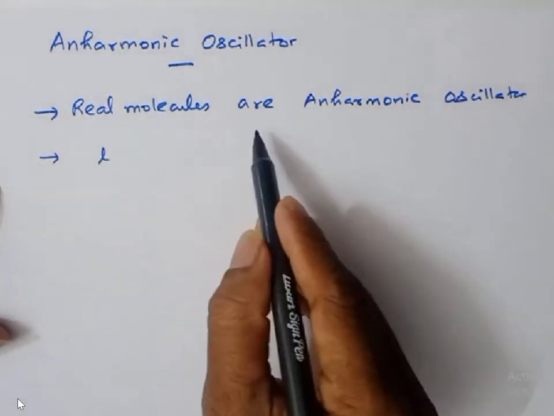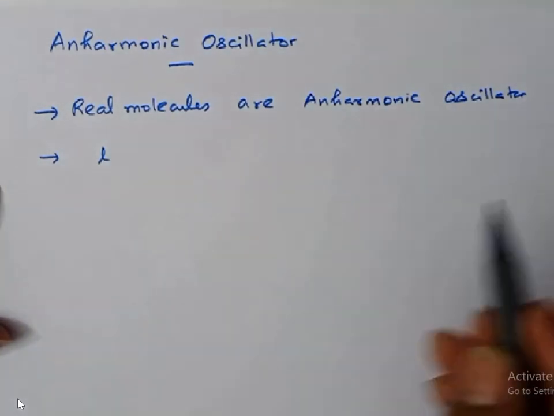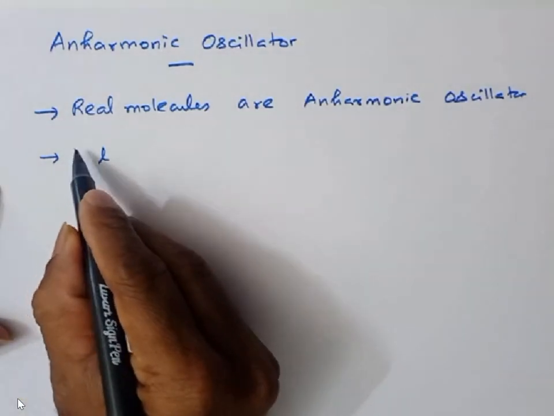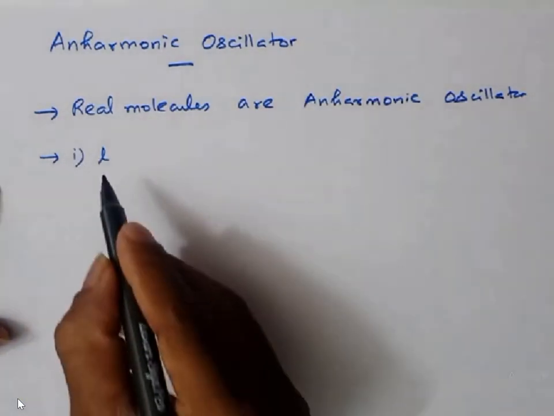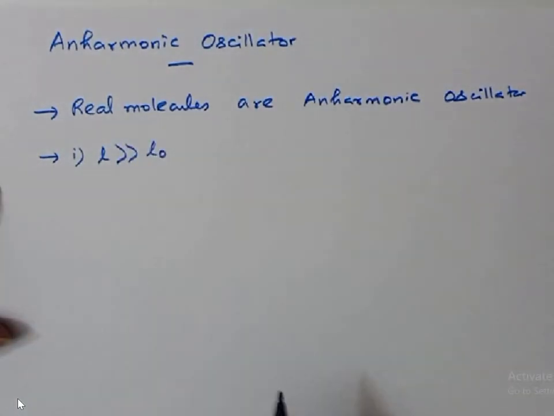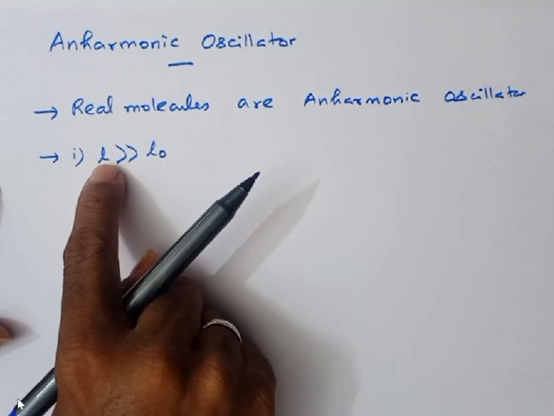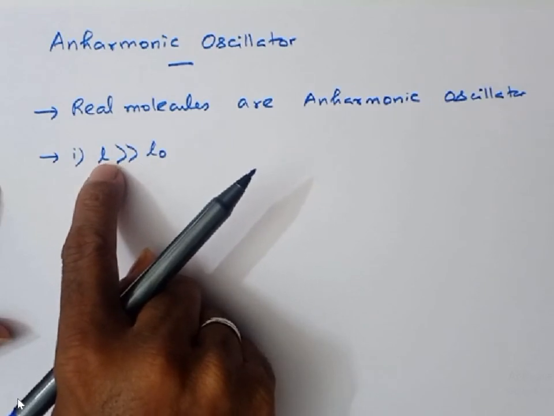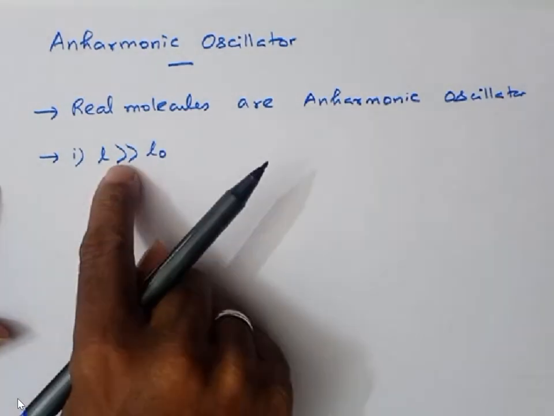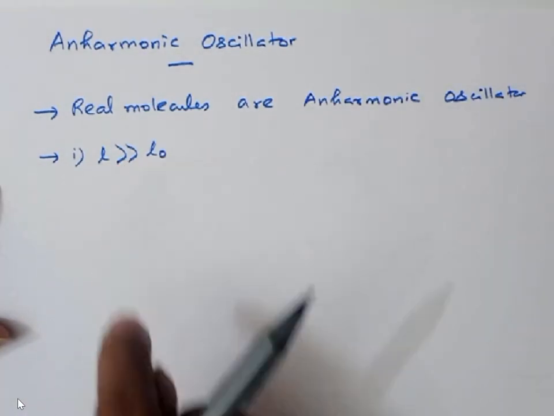So real molecules are anharmonic oscillators, and for an anharmonic oscillator, two things are very important. When L becomes very large compared to the equilibrium bond length, L is the bond length or the internuclear distance during stretching. When L becomes very large compared to L naught, what will happen?